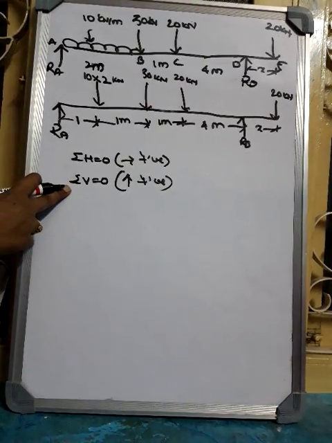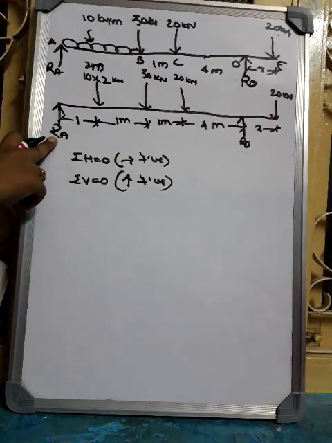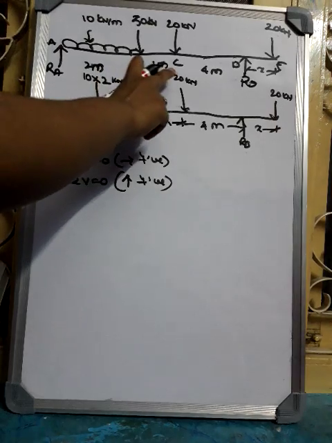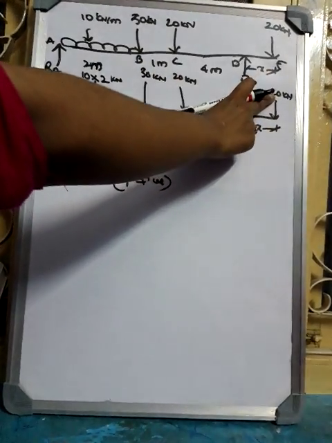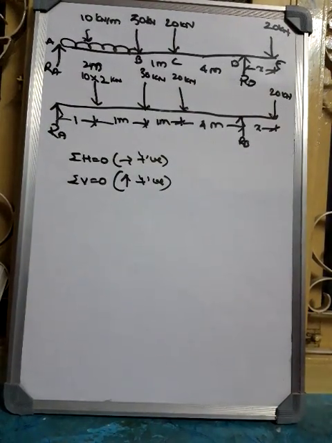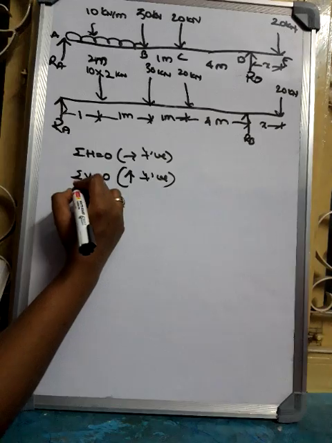Now the summation of all the vertical forces is equal to 0. Let us consider all the upward forces as positive, and all the downward forces as negative.